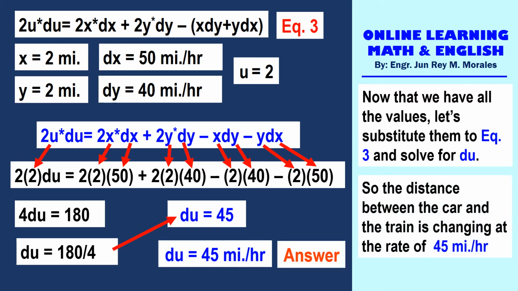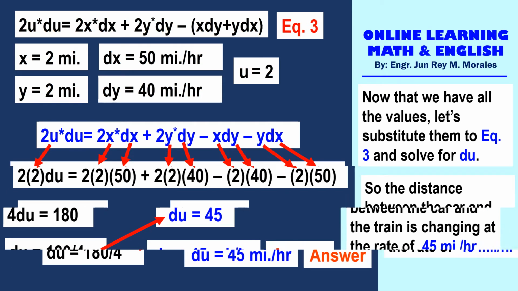So the distance between the car and the train is changing at the rate of 45 miles per hour.